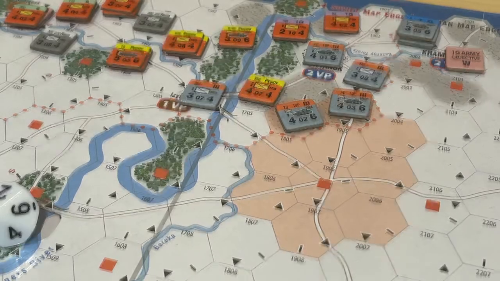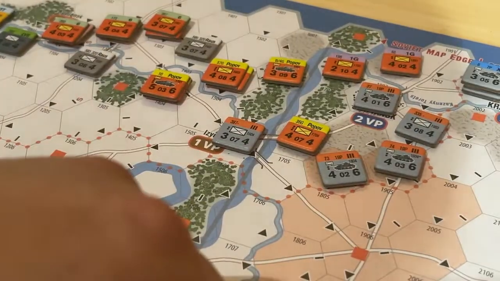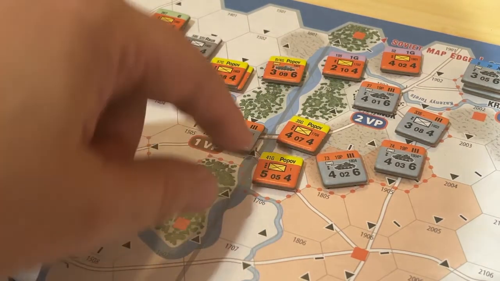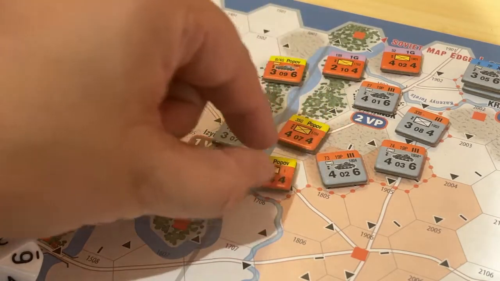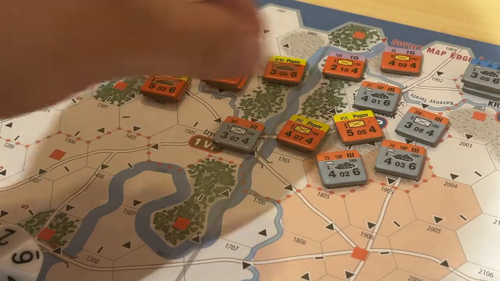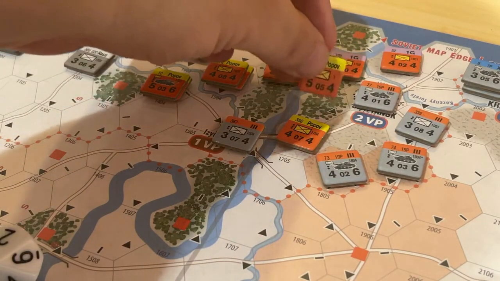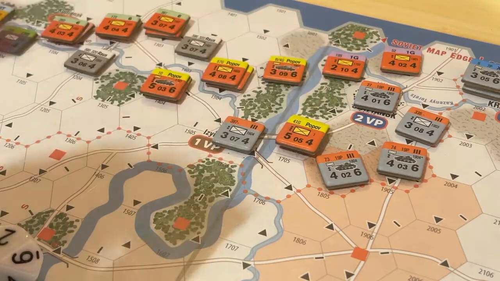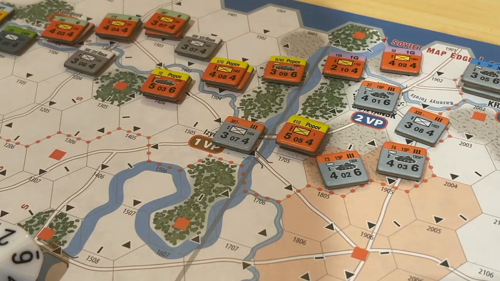For example, if I put this replacement unit here, that's great, but he does not have the ability to move there because of zone of control. Same with here, can't do it. I could put it here, but that doesn't help with the attack. But I can just put it right on top of the unit.